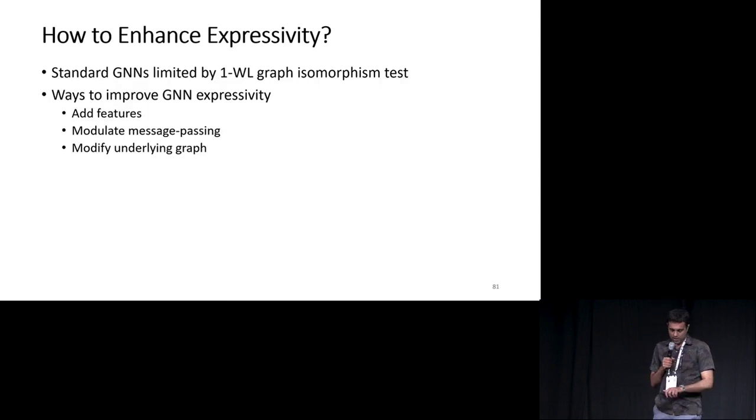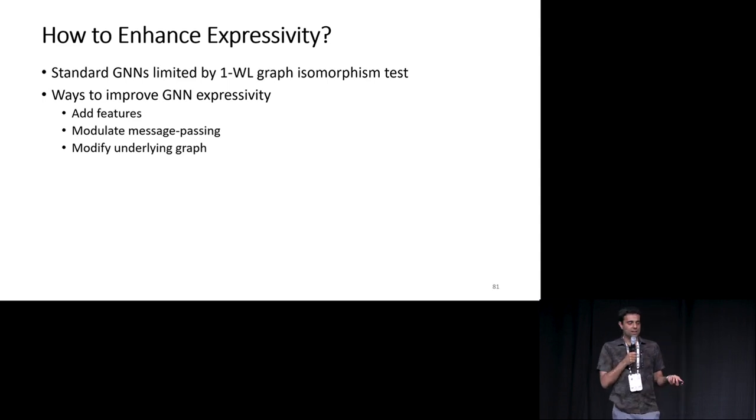Okay, so having discussed the limitations of graph neural networks, one natural question is, can we get beyond these limitations? A lot of the research in graph neural nets over the last few years has sought to improve the expressivity of GNNs going beyond these limitations.